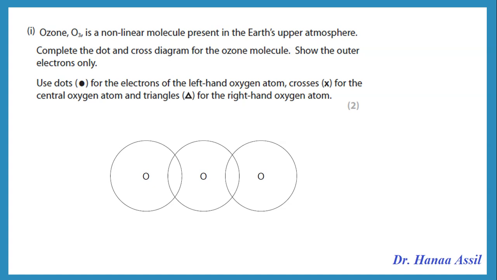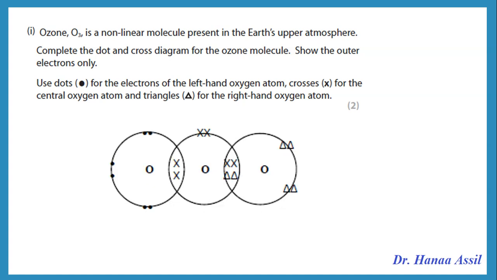So remember that oxygen, let's start with the oxygen on the left, for example. It has 6 electrons in its outermost shell and it needs 2. So either the one on the right or the one on the left will have 2 pairs of electrons that would share between the oxygen and the oxygen in the middle.